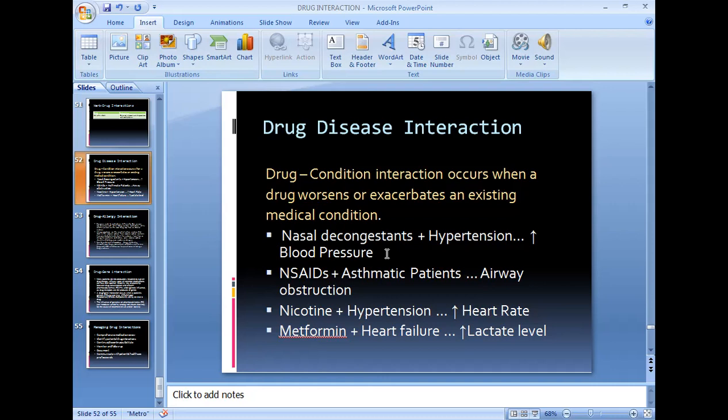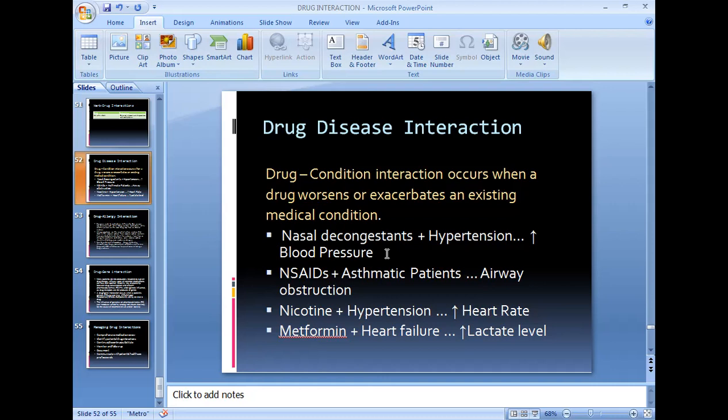Why? Because metformin causes lactic acidosis due to inhibition of gluconeogenesis, and it is due to inhibition of pyruvate carboxylase, and that's why lactic acid concentration is increased.